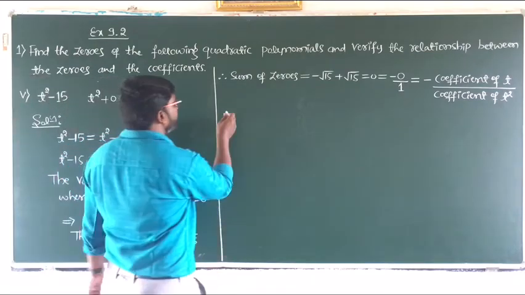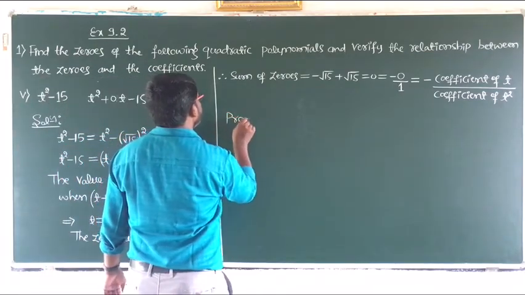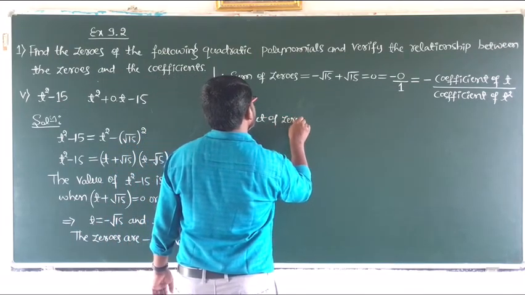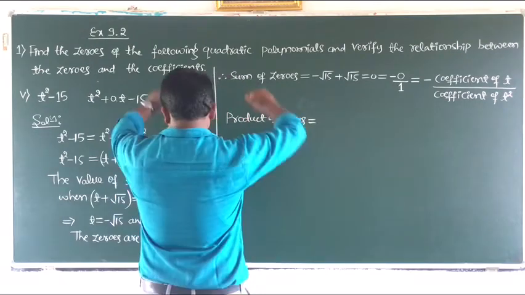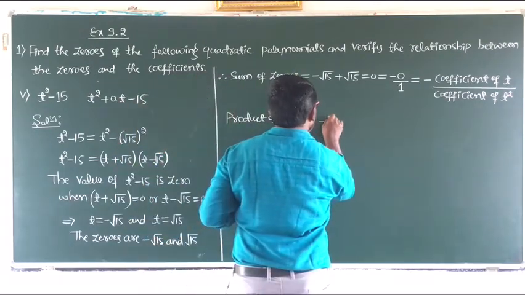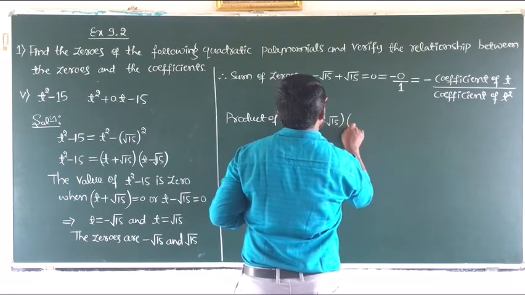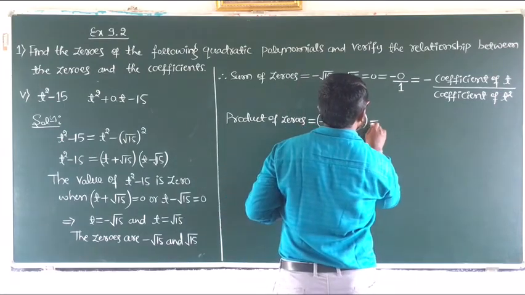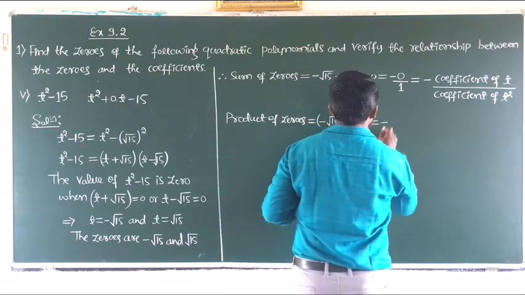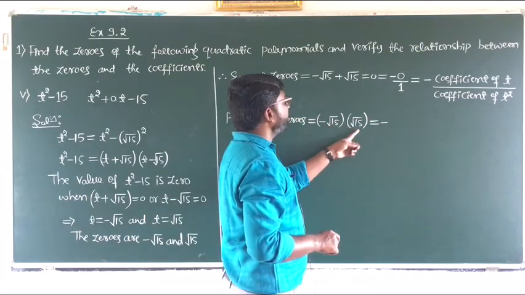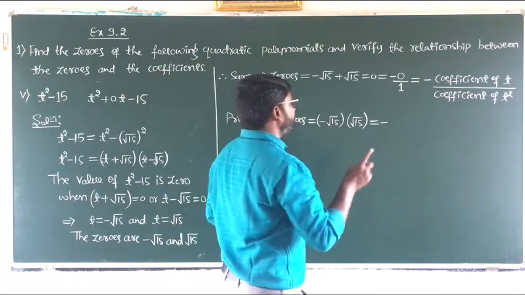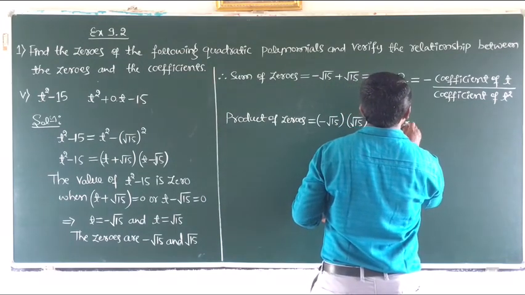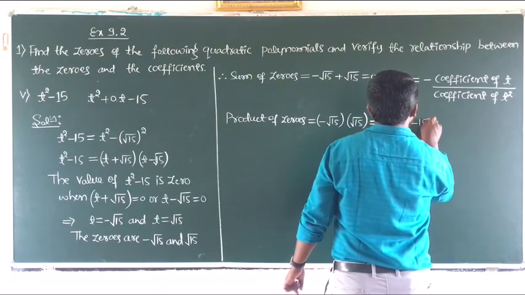So, now I will go for the product of zeros, which is equal to minus root 15 into plus root 15. So here minus I write as it is, then root 15 into root 15 will be root 15 the whole square, square and root get cancelled, we get only 15. So, this can be written as minus 15 divided by 1.